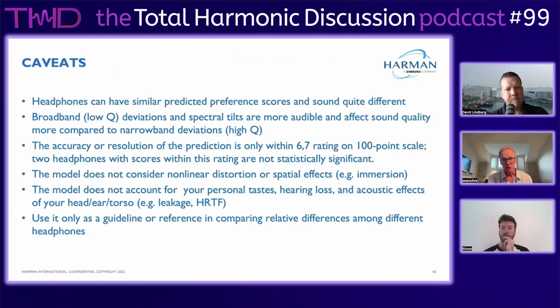It turns out that broadband deviations and spectral tilts are more audible than narrowband deviations. That's not surprising to me because Floyd Toole and I did a lot of work back in the late 80s and 90s measuring the thresholds of resonances, and we found that very broadband, low Q resonances are much more audible than high, narrow Q resonances.